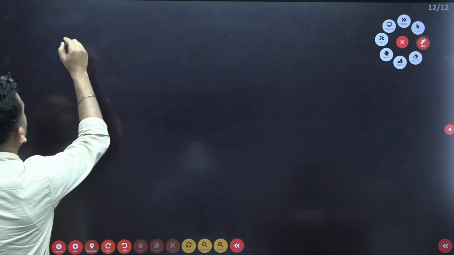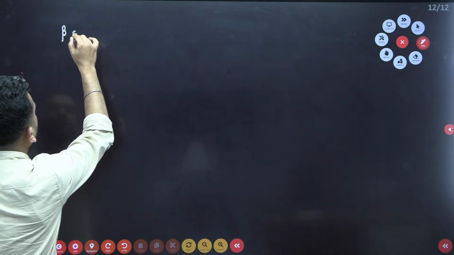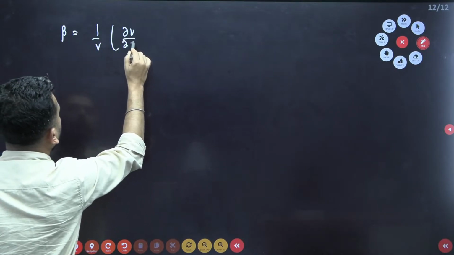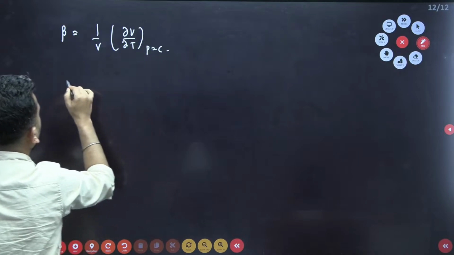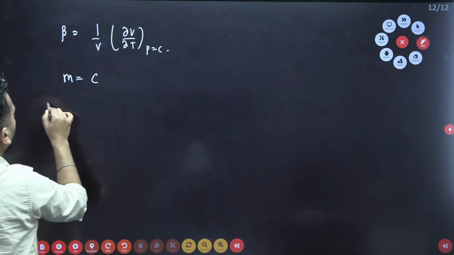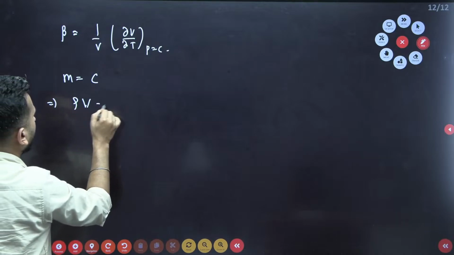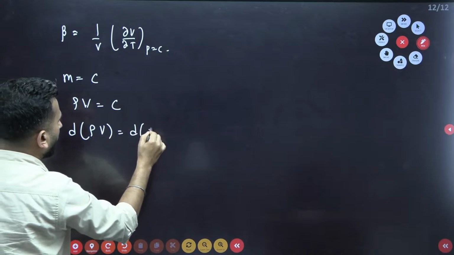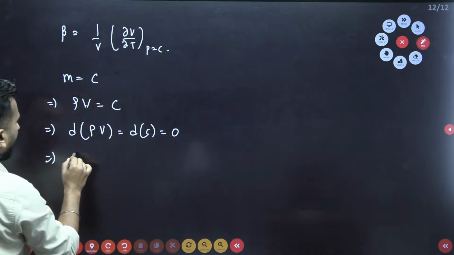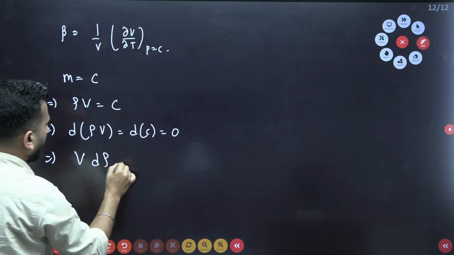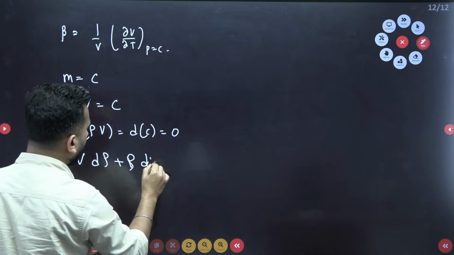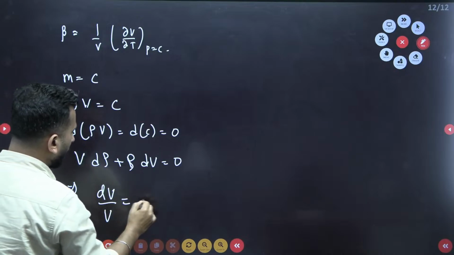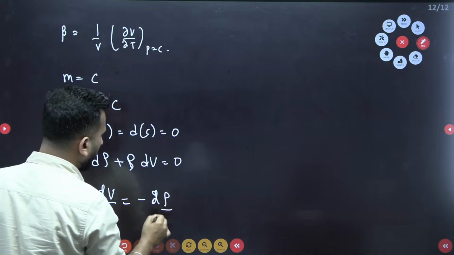Now see, what is beta? Beta is, as you have just studied, 1 by V del V by del T at constant pressure. Now mass is constant, so mass can be written as rho into V equal to constant. Differentiating, since the differentiation of a constant is 0, V d rho plus rho dV equals 0. So dV by V is equal to minus d rho by rho.